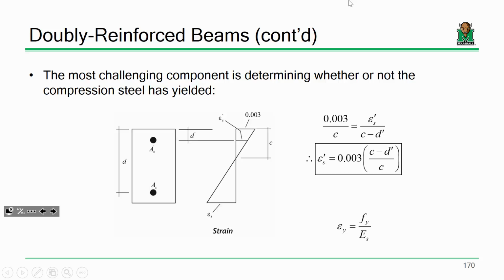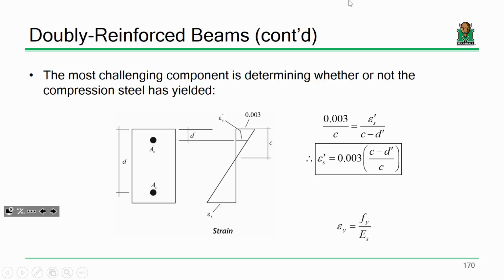And the area, we call that area of steel prime, okay? The strain in that steel is epsilon sub s prime. Anytime there's a prime, we're talking about the compression steel. Sound good? And don't worry, I know y'all don't have the notes, but the formulas will be pretty straightforward when we go through the examples.